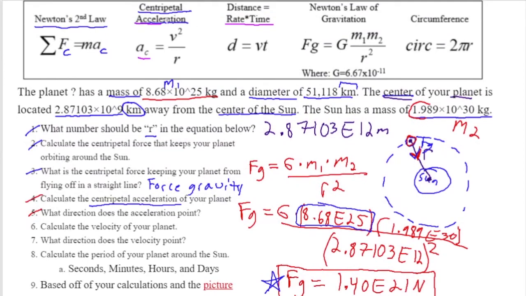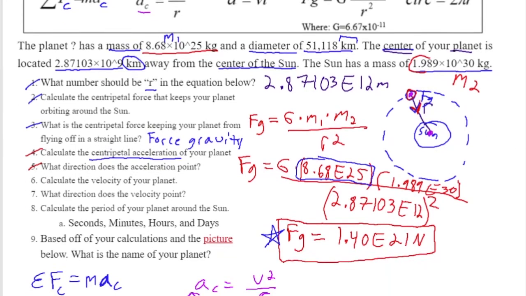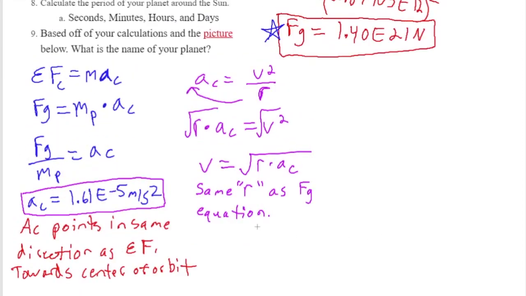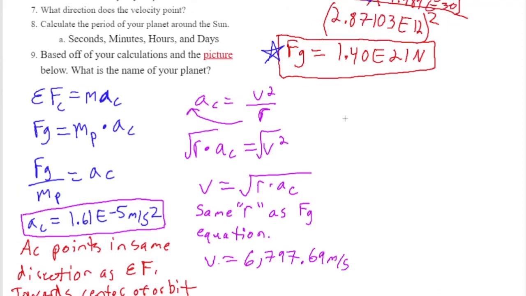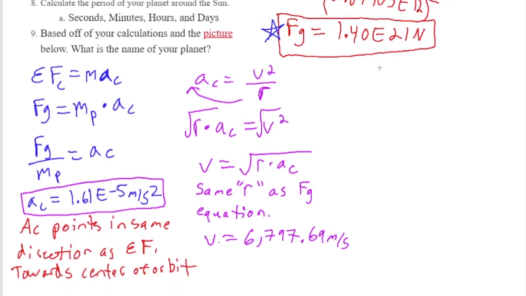And it's our centripetal acceleration about that orbit. So the orbit, right, relies on this distance r from the center of one to the center of the other. So once we go ahead and plug in all of our numbers, we find out that our velocity should be 6,797.69 meters per second.